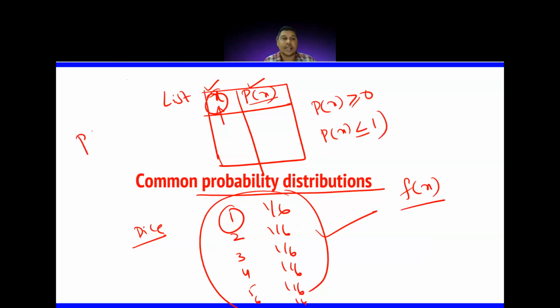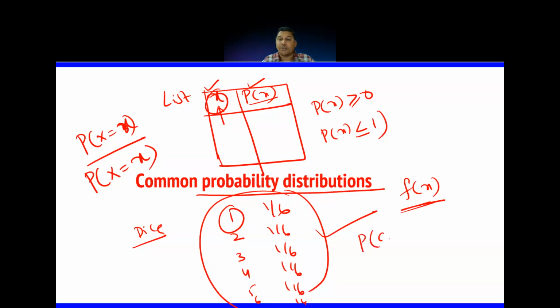The discrete probability distributions are represented like this: p of capital X equal to small x. Whereas in continuous probability distribution, we write the function f of x and we don't give it as a single value. We give it as a range like this: a less than or equal to x less than or equal to b.